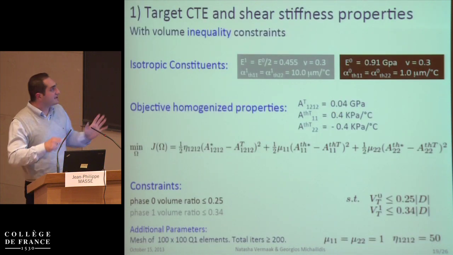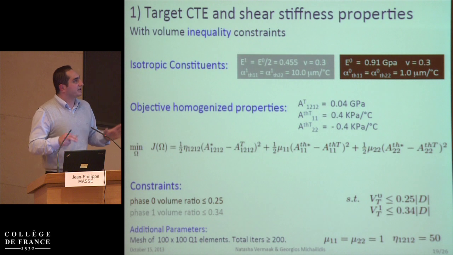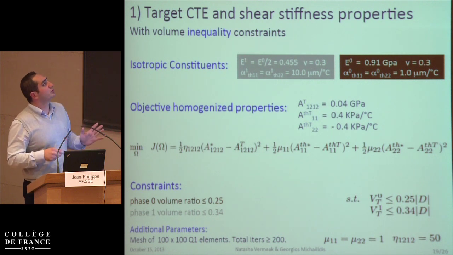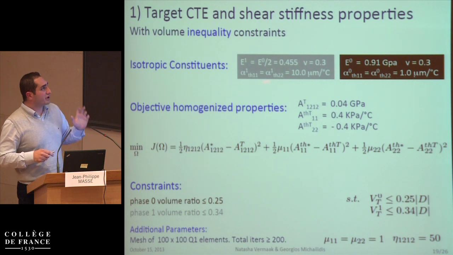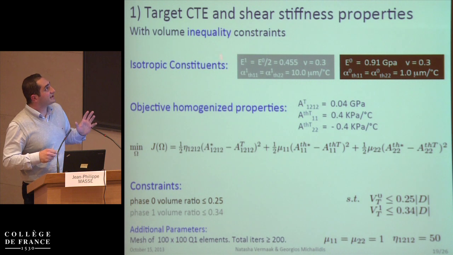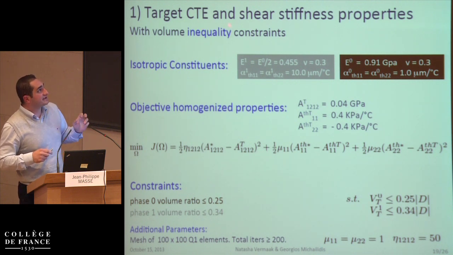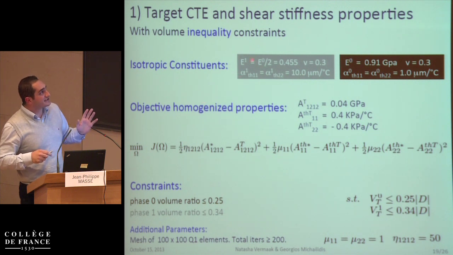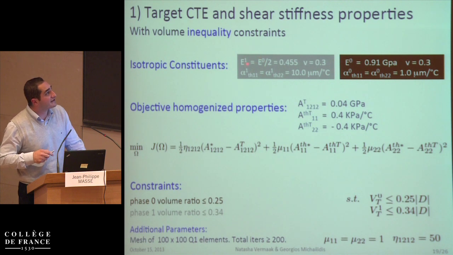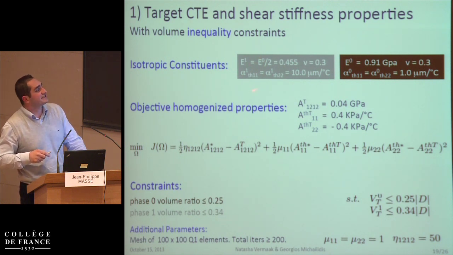So let's give an example in order to get a better picture of what we're doing. In this example, we want to optimally distribute 2 phases and void in order to get some target CTE and shear stiffness properties. Material 1 has half the Young modulus of material 0, they are isotropic materials, and its thermal strain coefficients are 10 times higher.